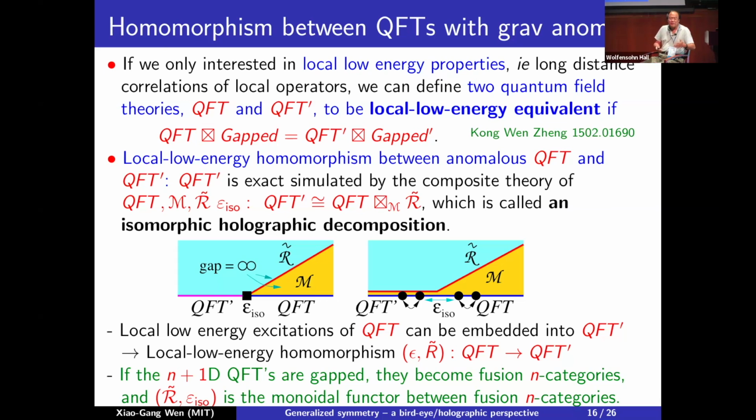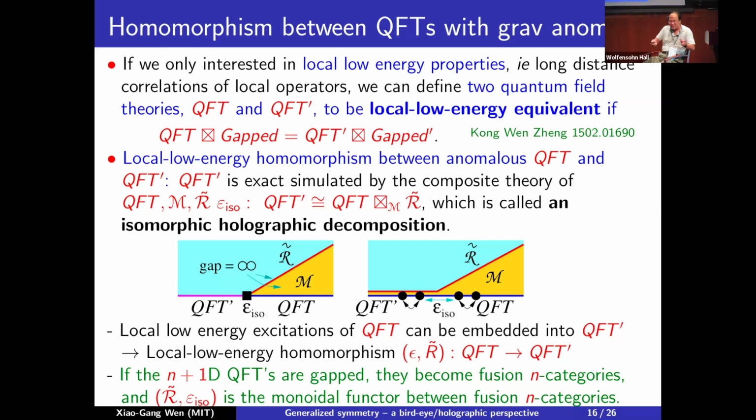And this homomorphism, this local low energy equivalence, has this picture. Basically, we say that the quantum field theory prime secretly has this layered structure, and this wedge just amplifies this layered structure. So basically, the boundary excitation on the QFT can shift to the QFT prime side, and remain a low energy excitation on the other side. But the other global things may be different.